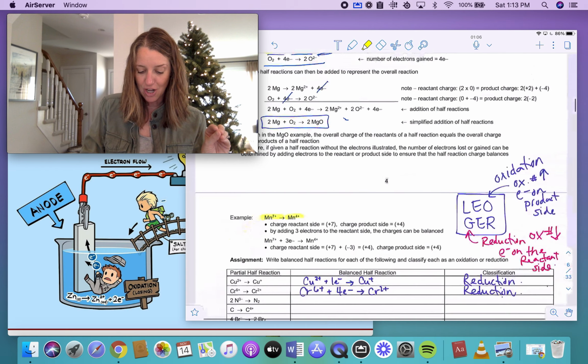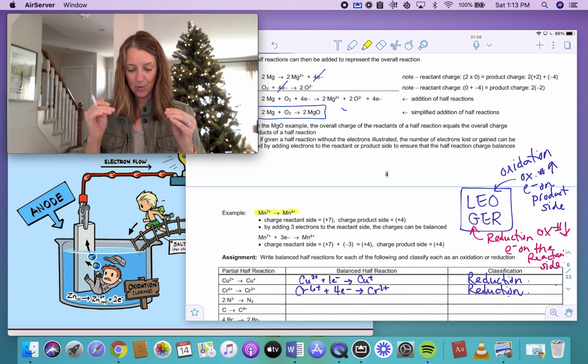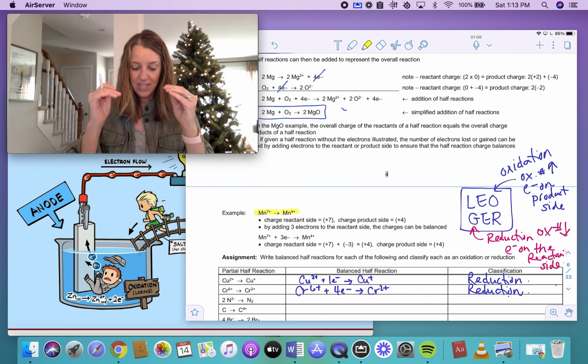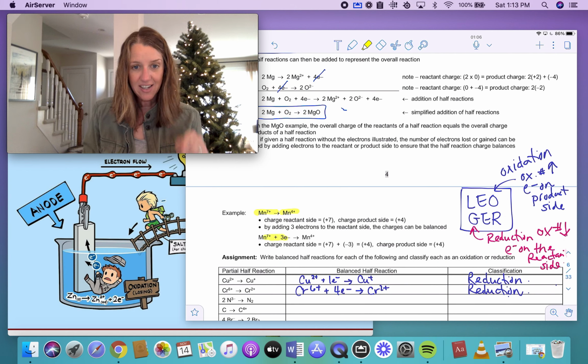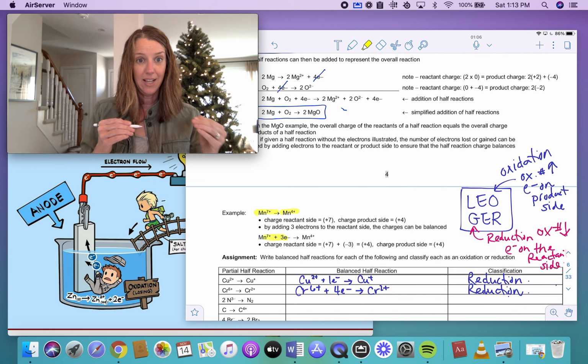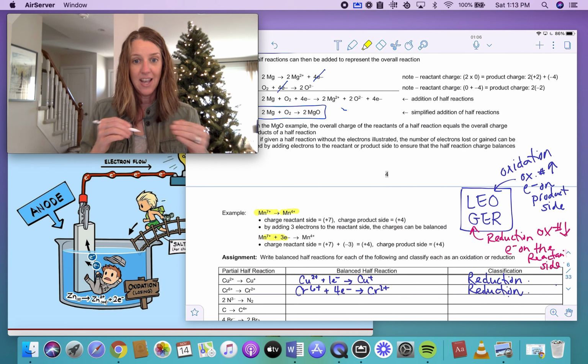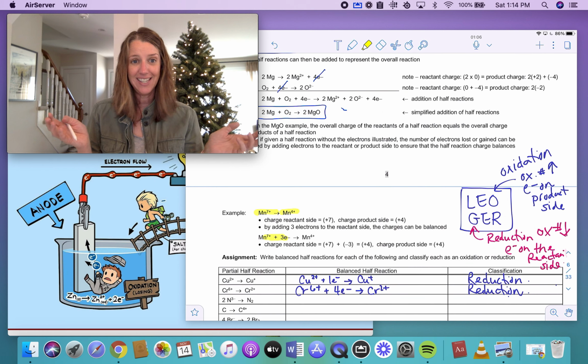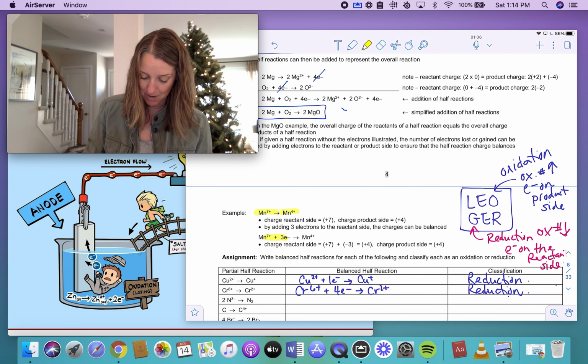That tells me that the oxidation number went down, that it's a gain of electrons, so that I have to put the electrons on the reactant side. By how many? Well, how do I balance out the charges? 7+ and 3 electrons will give me a 4+. That's how I know how many electrons it actually gained. Okay, is that easy? Yeah, I think it probably is.